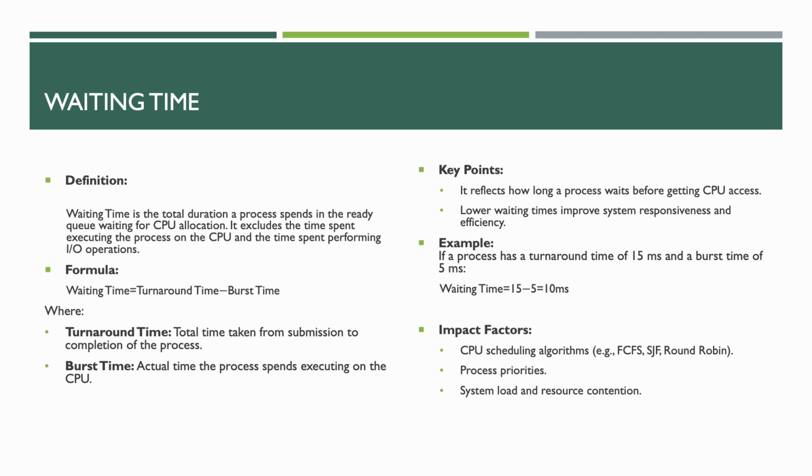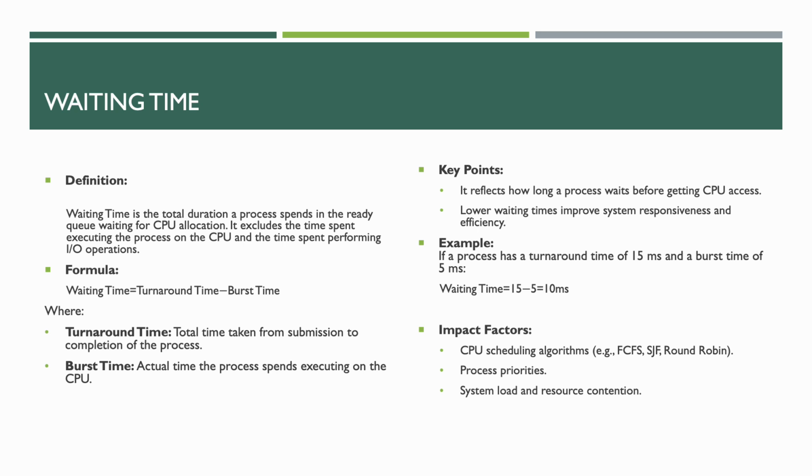Now, some key points we have, like waiting time measures how long a process is delayed before getting CPU access, and lower waiting times improve system responsiveness and efficiency. So, for example, if a process has turnaround time 15 millisecond and burst time is 5 millisecond, then waiting time will be 15 minus 5 equal to 10 millisecond.